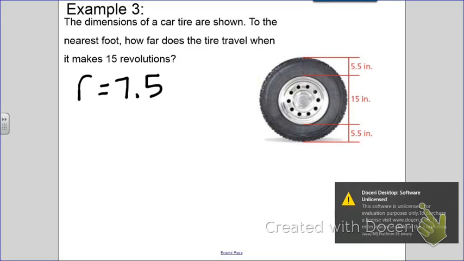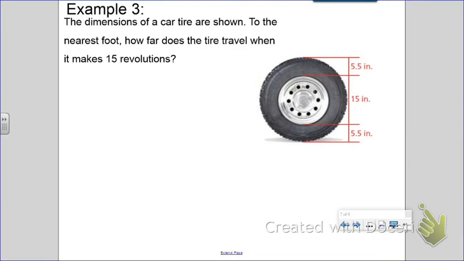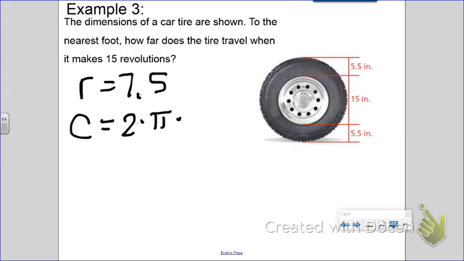To go one revolution around, find the circumference, which is 2 times pi times 7.5. If we multiply 2 times 7.5 times pi, we get 47.12 for the circumference.